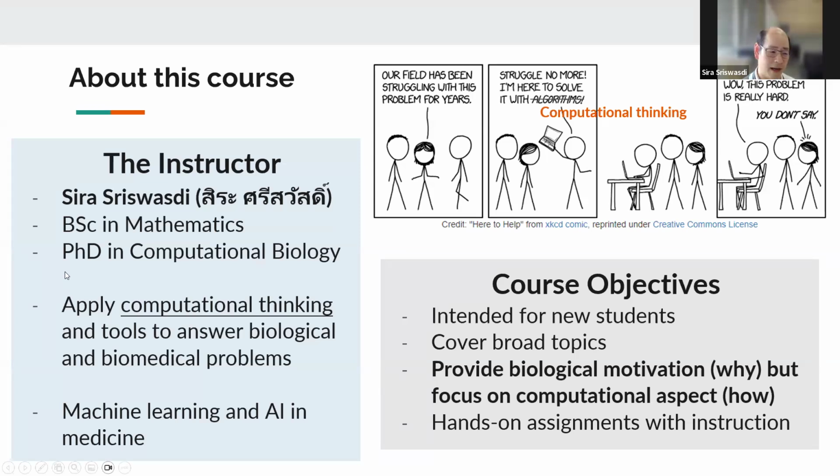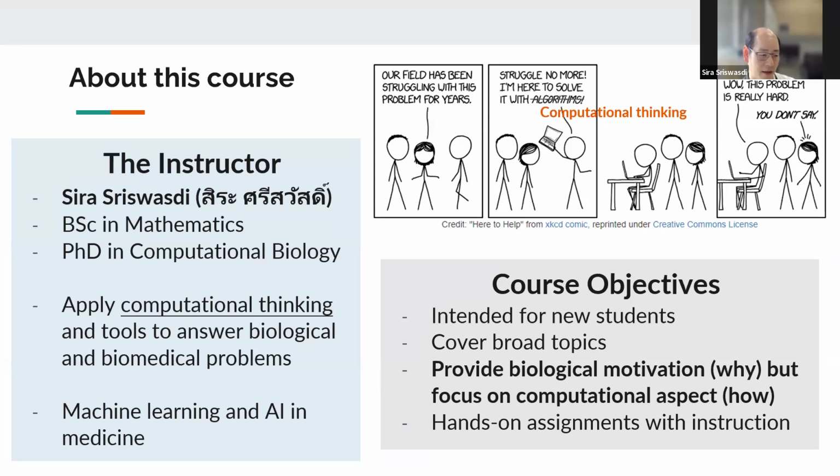The objective of this class is intended for new students. If you are already experienced, from your undergrad or from your research, you might find this class too easy. But hopefully, because this class is going to cover very broad topics, like every omics possible, from imaging to DNA sequencing to mass spectrometry, there will be something new that interests you, even if you probably know some of the areas already.